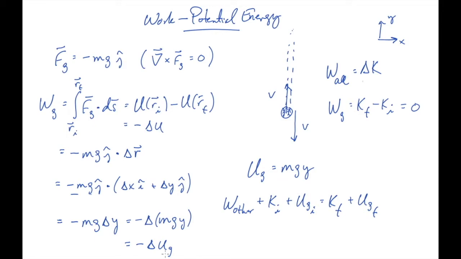When you want to solve problems including it, you end up with this gravitational potential energy, which is mgy. There's an initial value at the object's first location and a final value at the object's last location, and they are all relative to some 0 that you choose, usually on the ground, but it could be anywhere else. Let's look at the other one, and that has to do with the spring force.